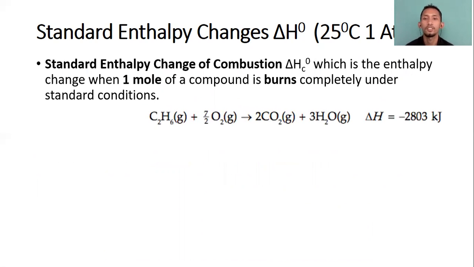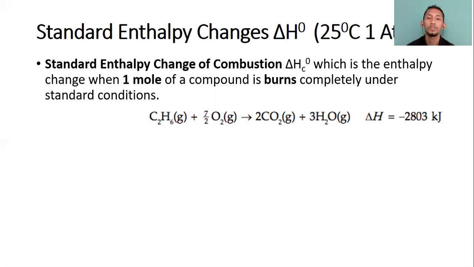Next is combustion. Combustion is pembakaran. If you remember burning, it means there is a reaction with oxygen. Again, one mole of compound that burns. So in that case, C2H6, that is ethane.